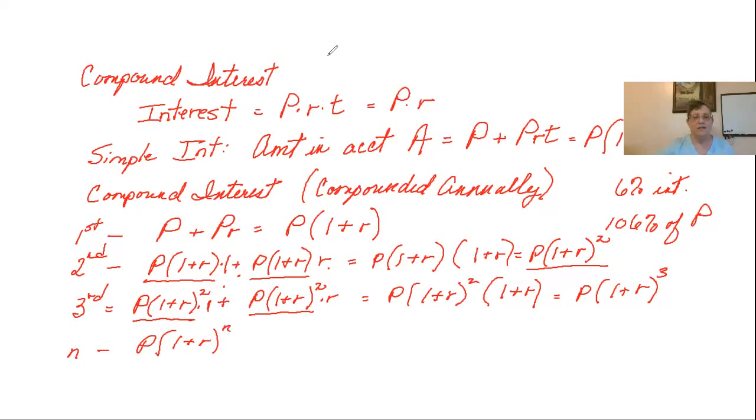They tend to use n as being the number of compounding times per year. So let me call this t years. So at the end of t years, the amount in the account is P times 1 plus r raised to the t. This is actually a formula for annual interest compounded, or annual compound interest.